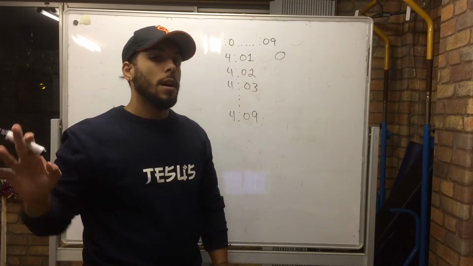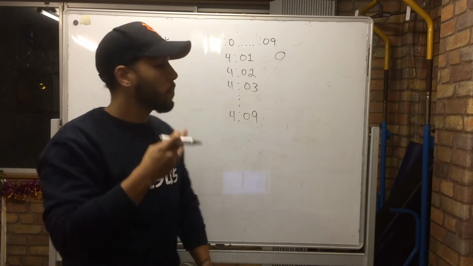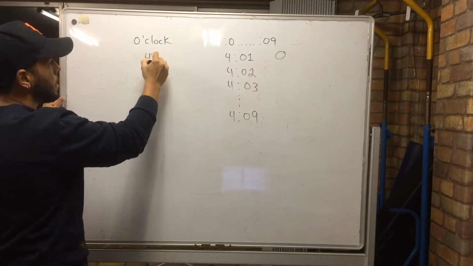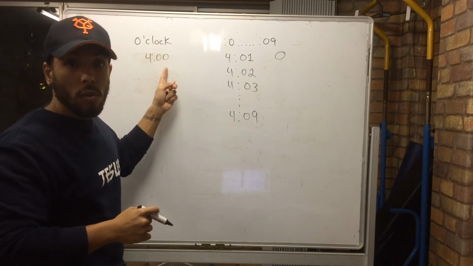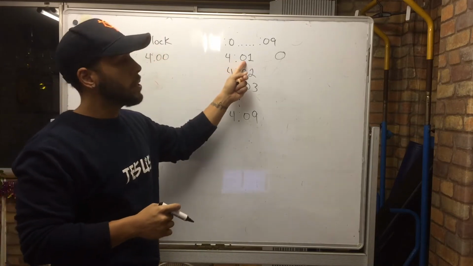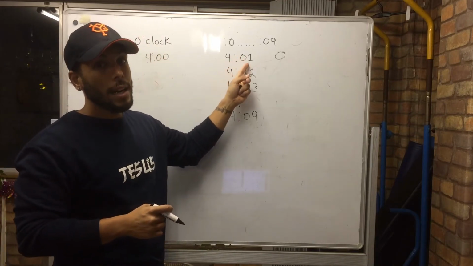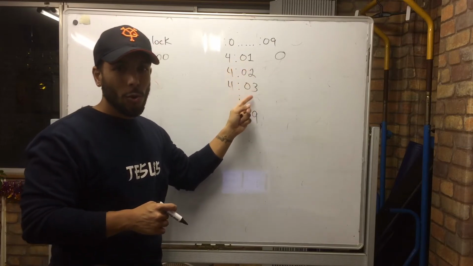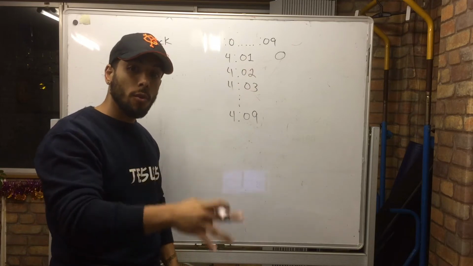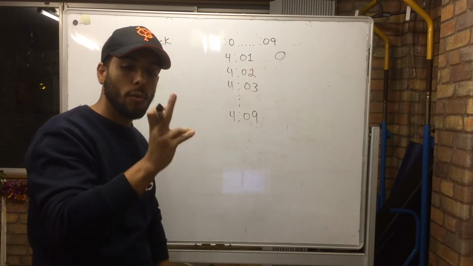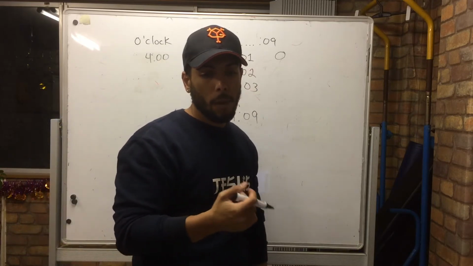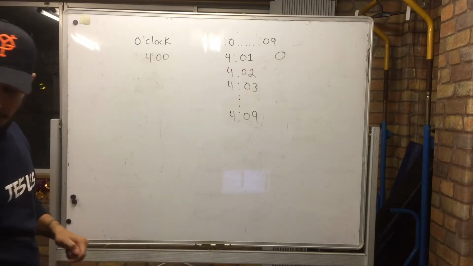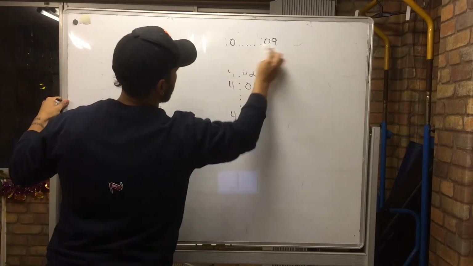Okay? After 9, we don't use it. So remember, this is 4 o'clock, and this one is 409. I'm sorry, 401, 402, 403, 404, 405, 406, 407, 408, 409. Alright, so we got that out the way.